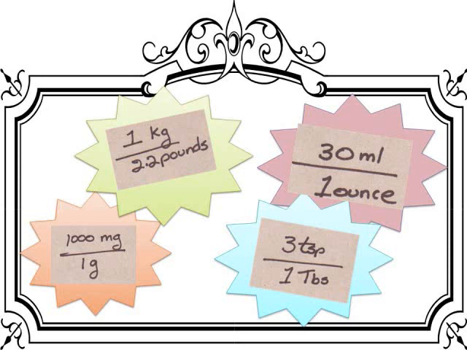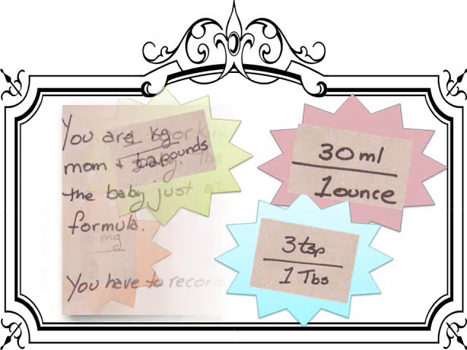And 3 teaspoons over a tablespoon equals 1. And like we said in one of the previous slides, you can flip them over and they still equal 1. 2.2 pounds over 1 kilogram equals 1, etc.